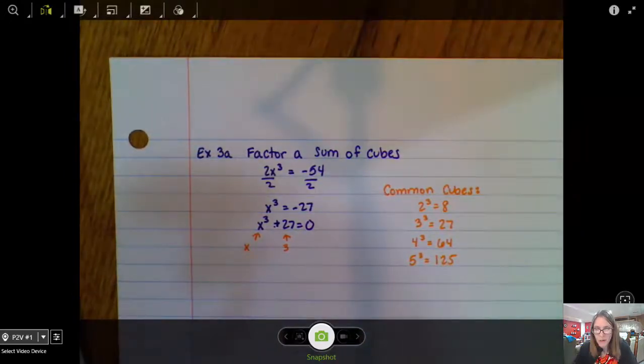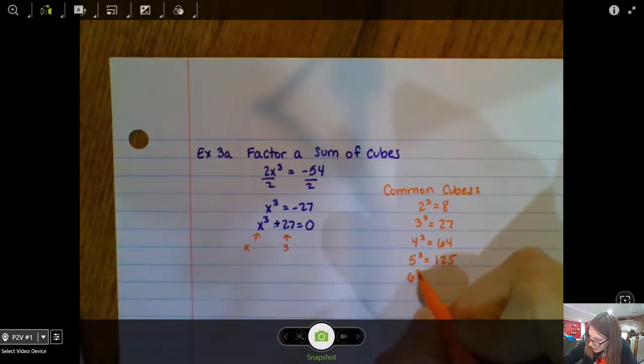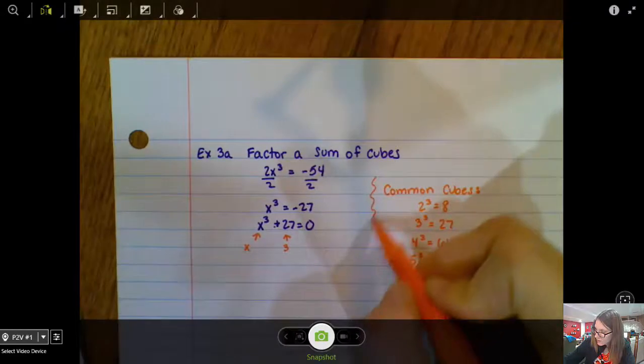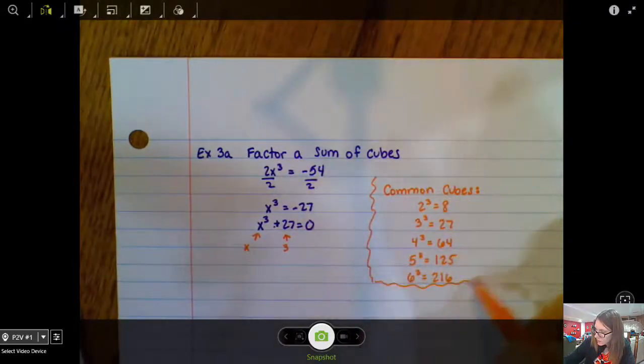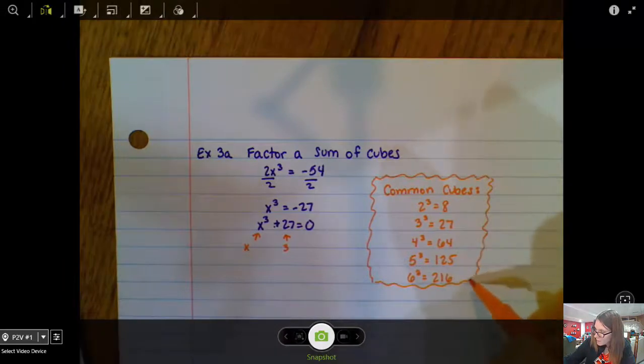Now we really won't go any more than that. I guess the next one you might see, 6 to the third power is 216. But again, we really won't see any higher than that.